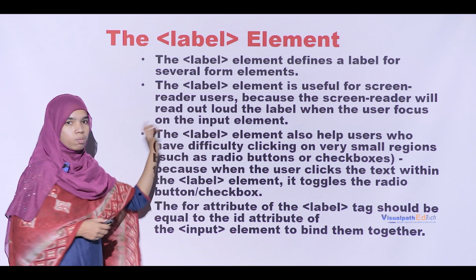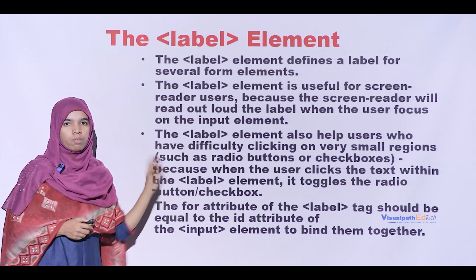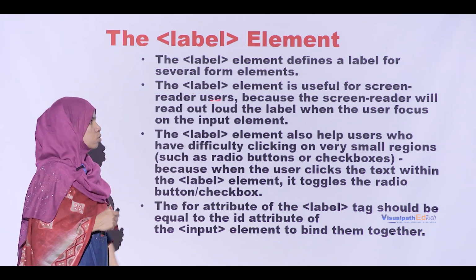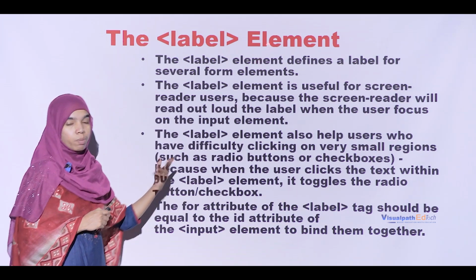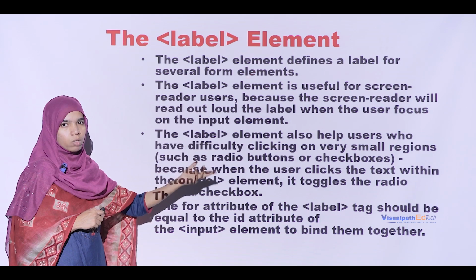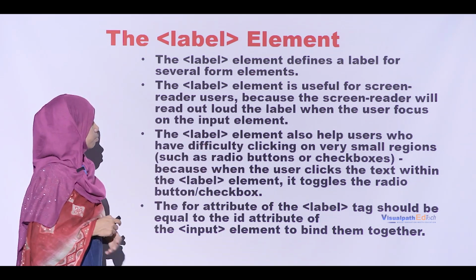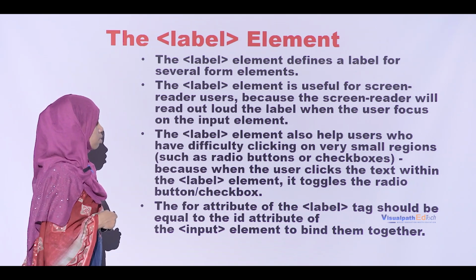So whatever the displaying contents are there, everything will be displayed to you by using the label tag. This will help us to define the purpose or the usage of that particular other element of the HTML tag or the form tag, I can say.